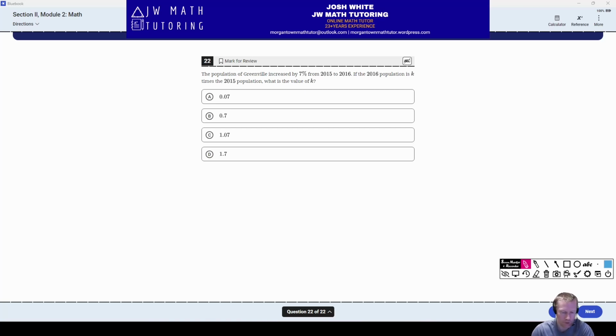All right, so here's the theoretical approach. You have some population x. 7% of that is just 0.07 times x. So from 2015 to 2016, this is the 2015 population. This is the increase. So in 2016, the population is going to be 1.07x.